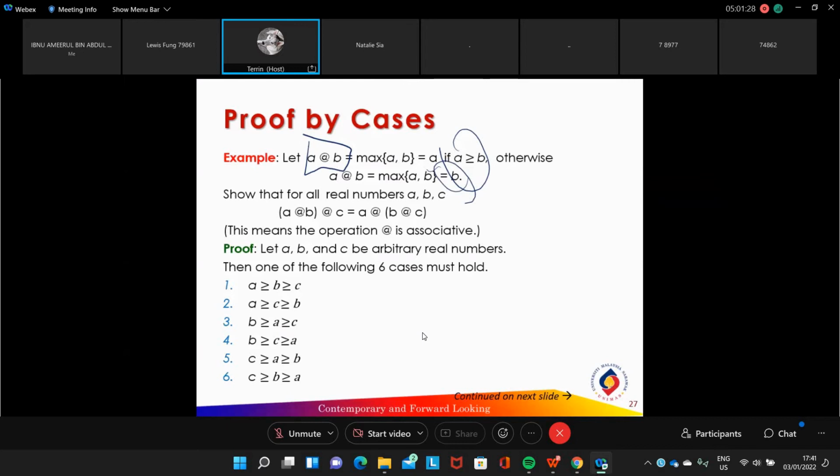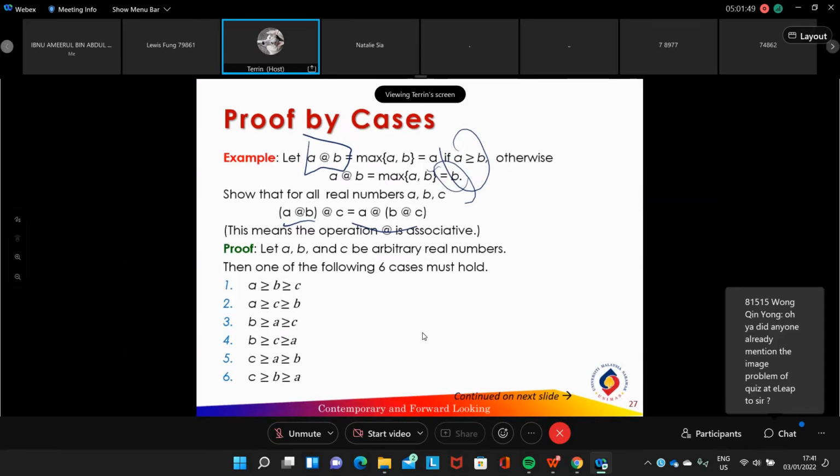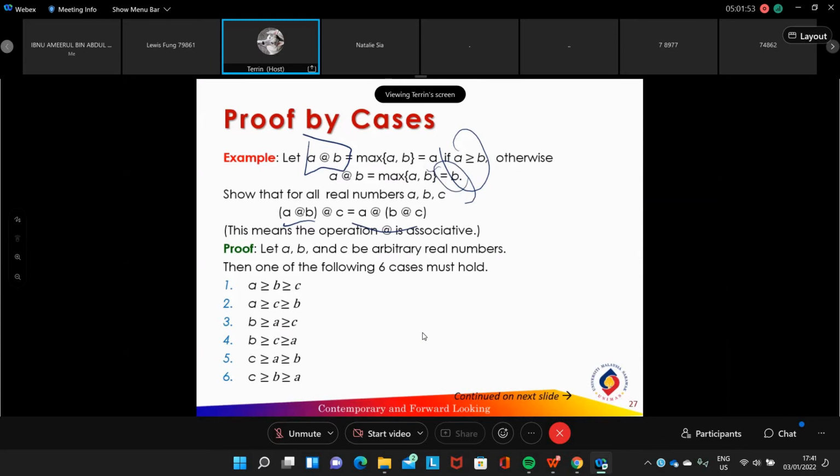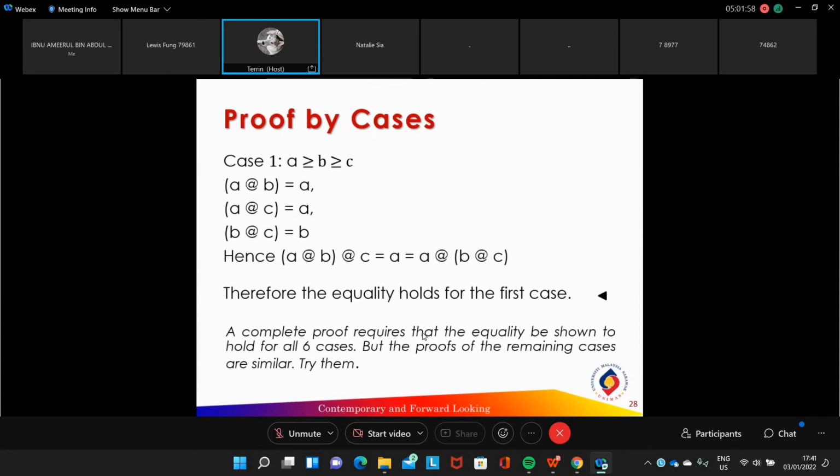So show that max(a, max(b, c)) is the same as max(max(a, b), c). It's very easy. You just have to show that for the first case, whenever a is greater than b and at the same time b is greater than c. Then we have the case of a greater than c, but c greater than b, and so on, for all the 6 cases. And actually, case 1 is the only one you have to prove, because all the other cases use exactly the same method.